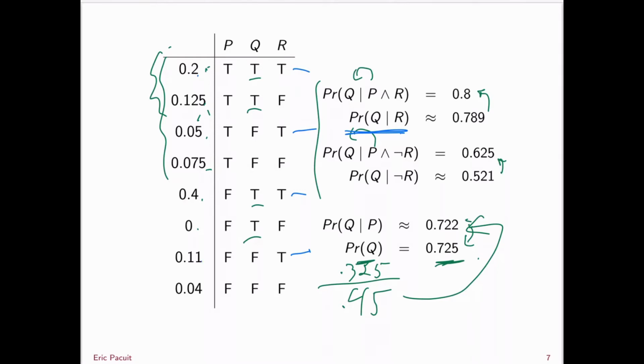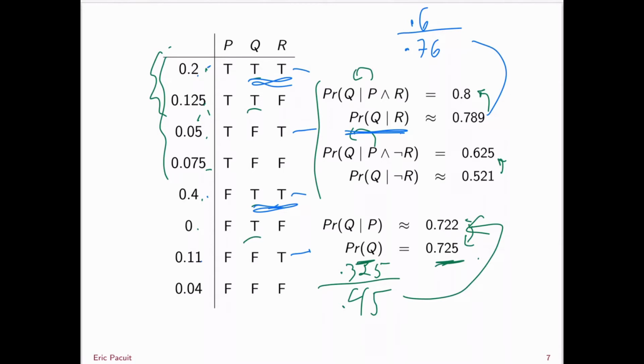So that is 0.25 plus 0.51, that's 0.76. And Q and R is true in this row and this row right here, that's 0.4 plus 0.2. So that's 0.6 divided by 0.76. And if you do that calculation, it's approximately 0.789.